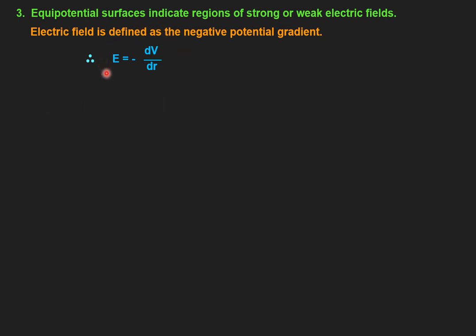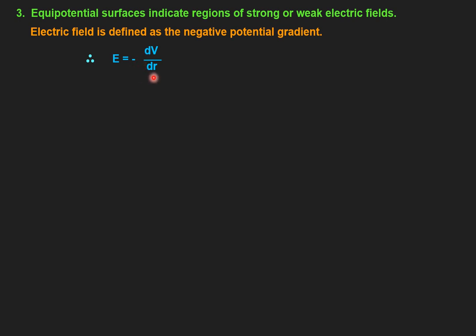Electric field is equal to the negative gradient of electric potential, where gradient simply means differentiation here. So E equals minus dV divided by dr.